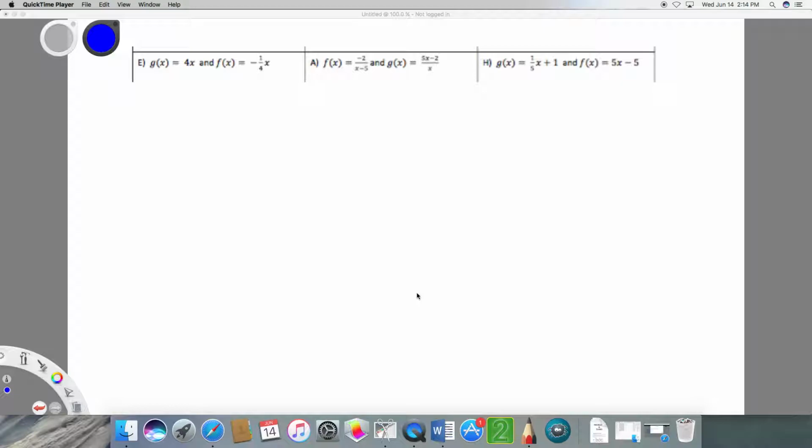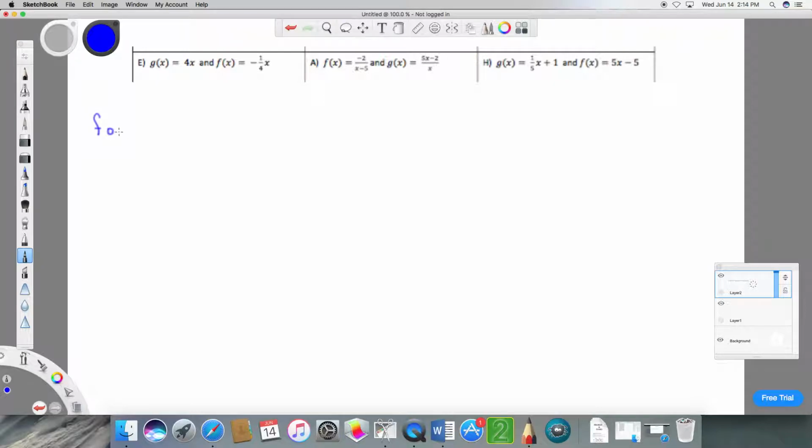So if we jump in on this first one, and we find the function composition f composed with g. That is that g is the input of f, and we see that g is a linear function. This 4x is a line that passes through the origin with a slope of 4.